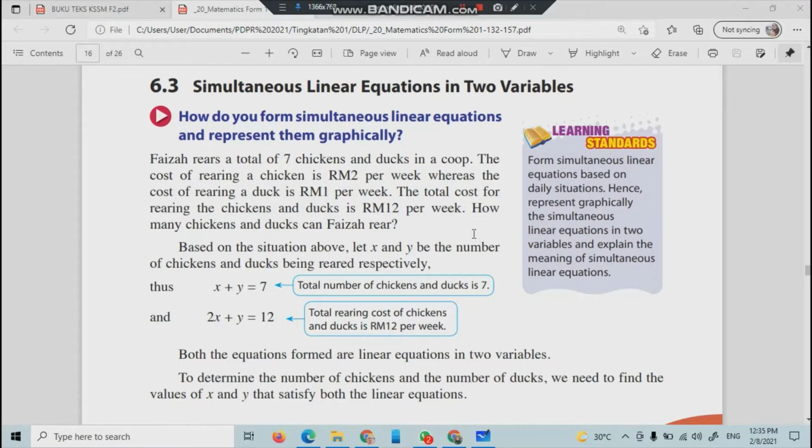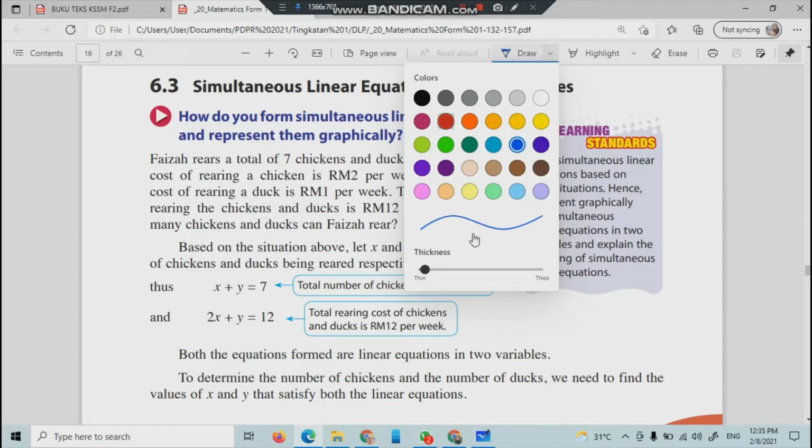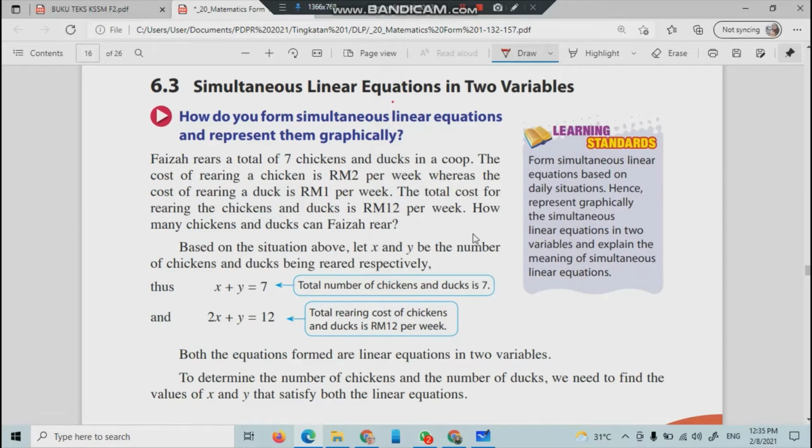Hi, in this video we're going to look at our third topic in chapter 6, Simultaneous Linear Equations. What are our learning standards?